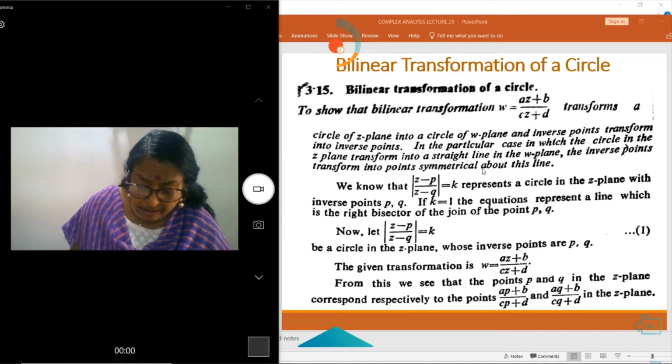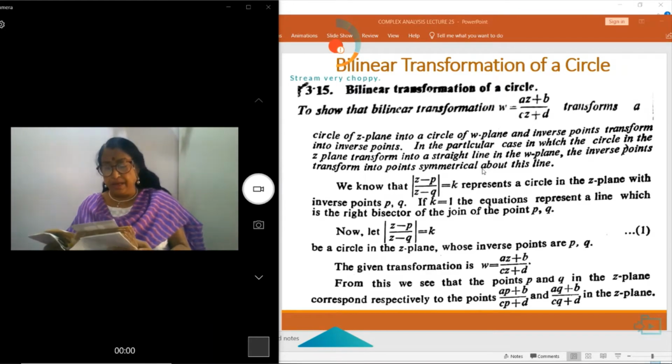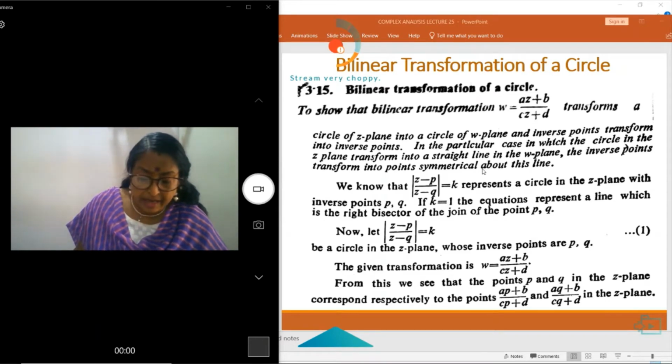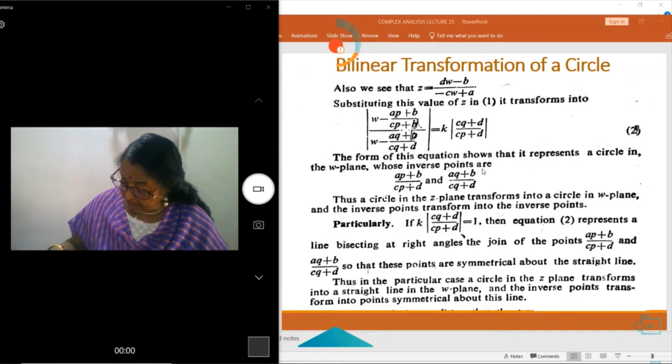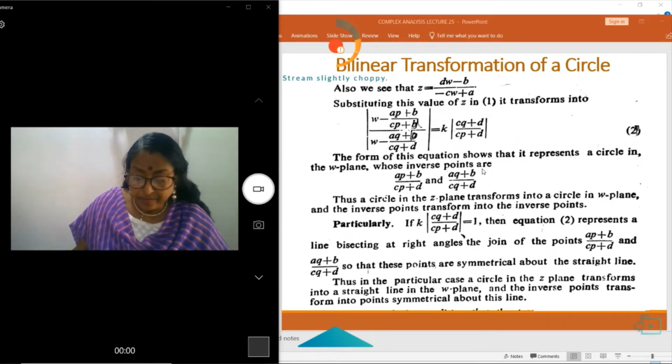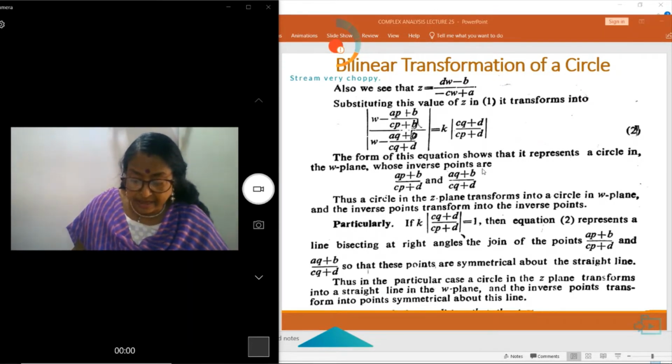From this we can find that the points P and Q in the Z plane are transformed into the points (AP + B)/(CP + D) and (AQ + B)/(CQ + D) in the W plane. Also, we are given W = (AZ + B)/(CZ + D). From this, we can get Z = (DW - B)/(-CW + A).